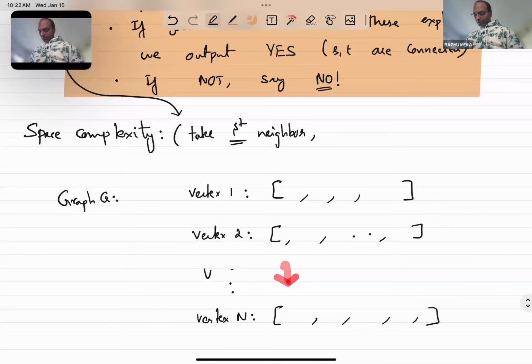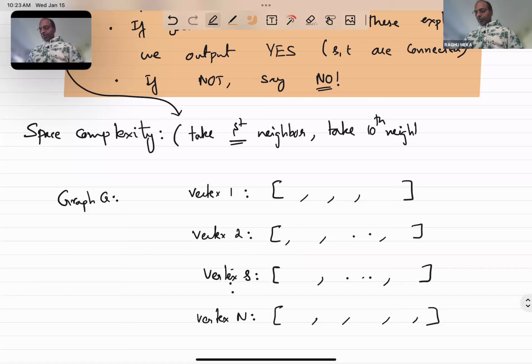This is vertex S. Take the first neighbor of S. And then maybe you'll say, take the 10th neighbor of wherever you are, and then the 5th neighbor of wherever you are, and so on, up to t steps.